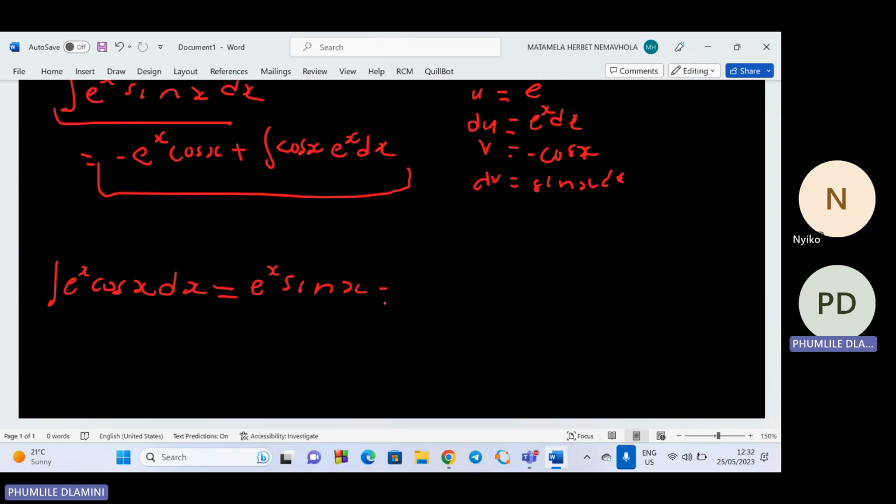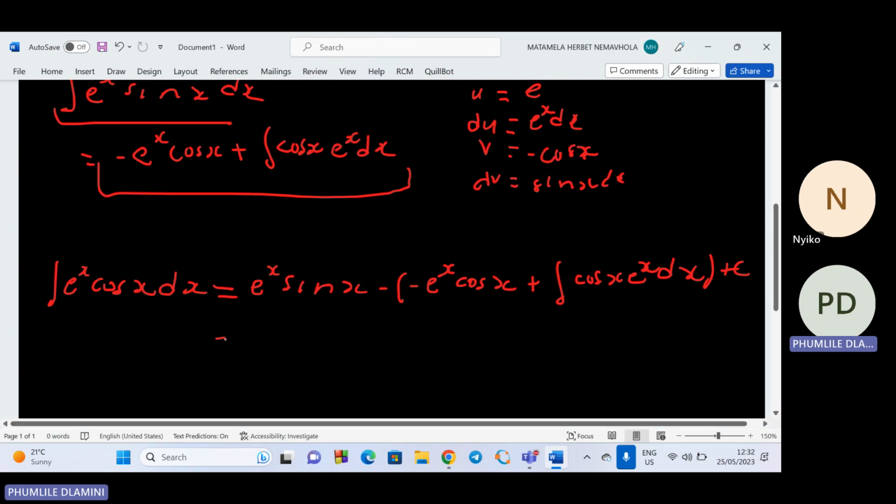So it's going to be minus, in brackets, minus e to the power x cos x plus the integral of cos x e to the power x dx. So maybe you can just add plus c, or you can even add c at the end.